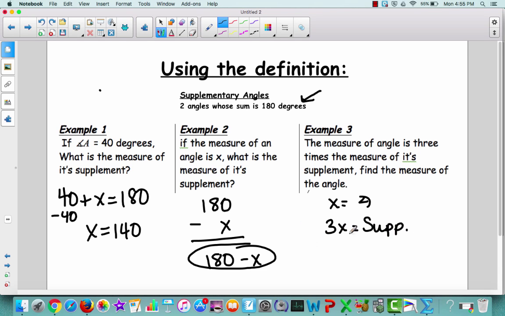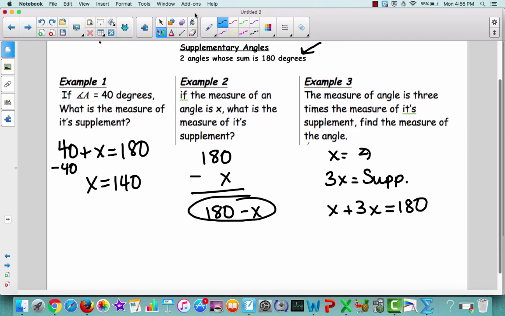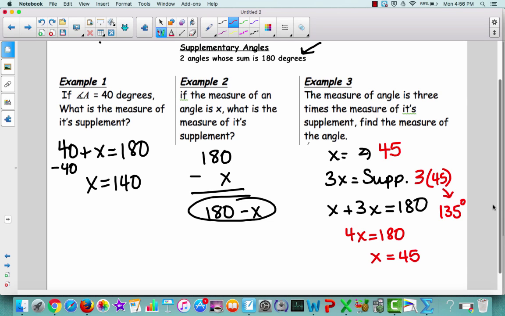Together, they have to equal 180 degrees, so x plus 3x equals 180, and then I solved for x. So 4x equals 180, so x equals 45. So the angle is 45, and the supplement is 3 times 45, which is 135. So there's the angle and its supplement.